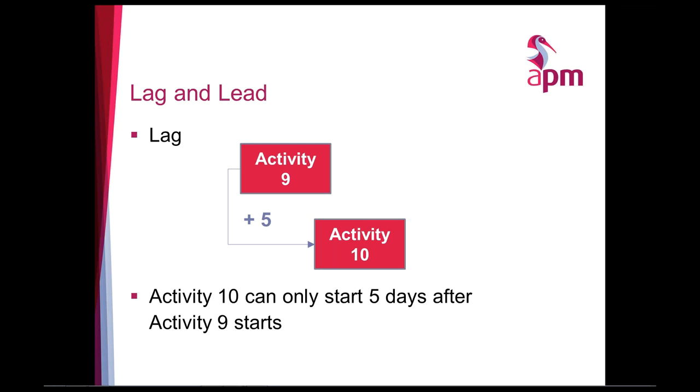Now it could be considered as bad practice, not always. Sometimes you might want to wait for some paint to dry before you start to apply the second coat, and this is when you'd use that type of lag to introduce a delay.